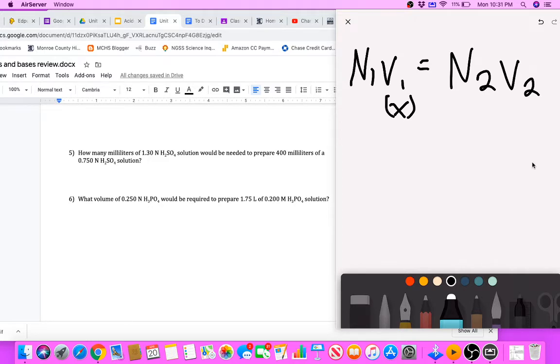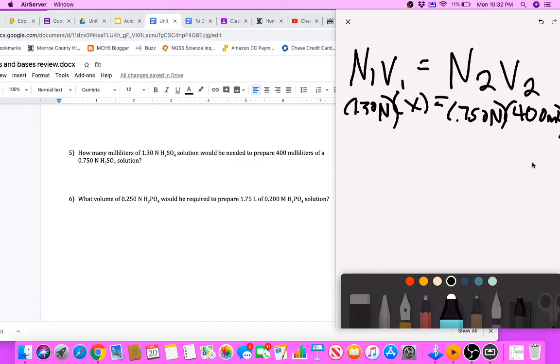Then how many milliliters of this 1.30 normal would be needed to prepare 400 milliliters? That's our second volume, 400 mL, of a 0.750 normal solution. So again, we're solving for X.